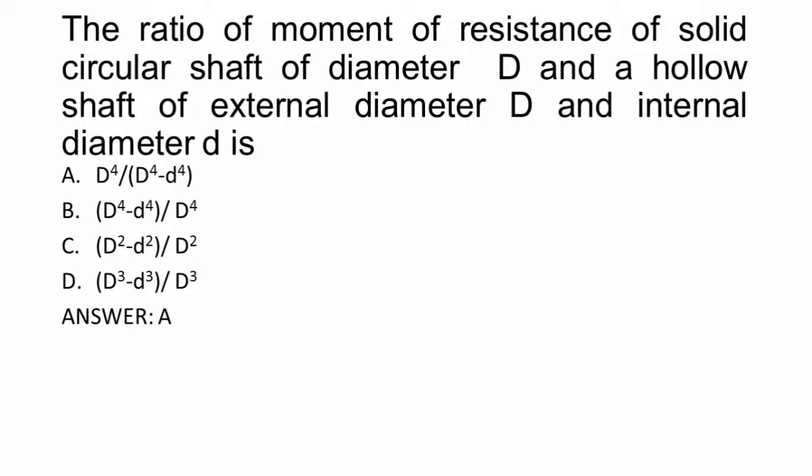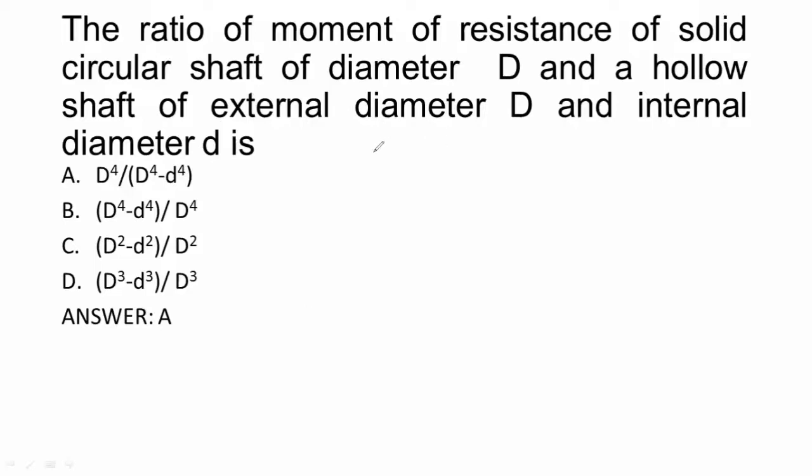If you know the equation for the moment of inertia of a circular cross section, it is pi by 64 D raised to 4. Okay, pi by 64 D raised to 4.